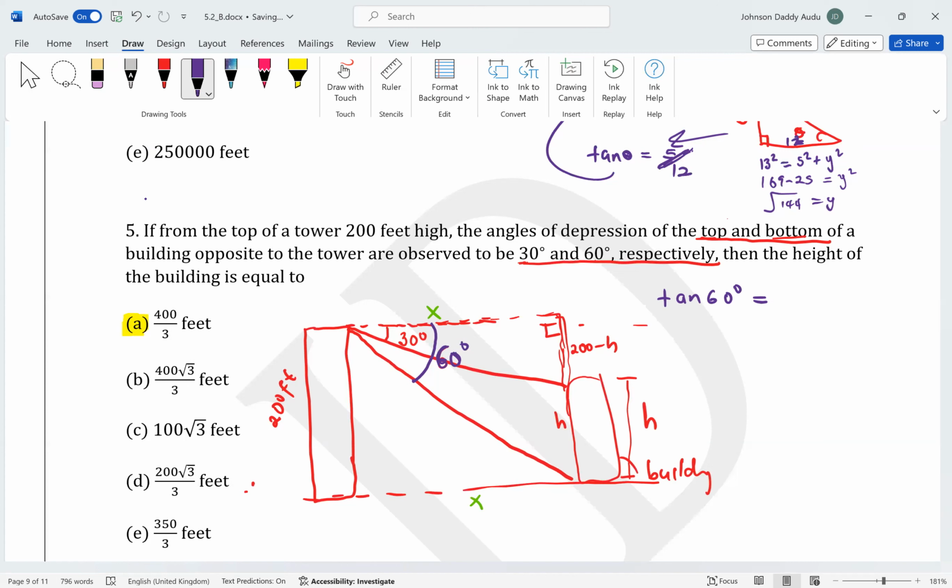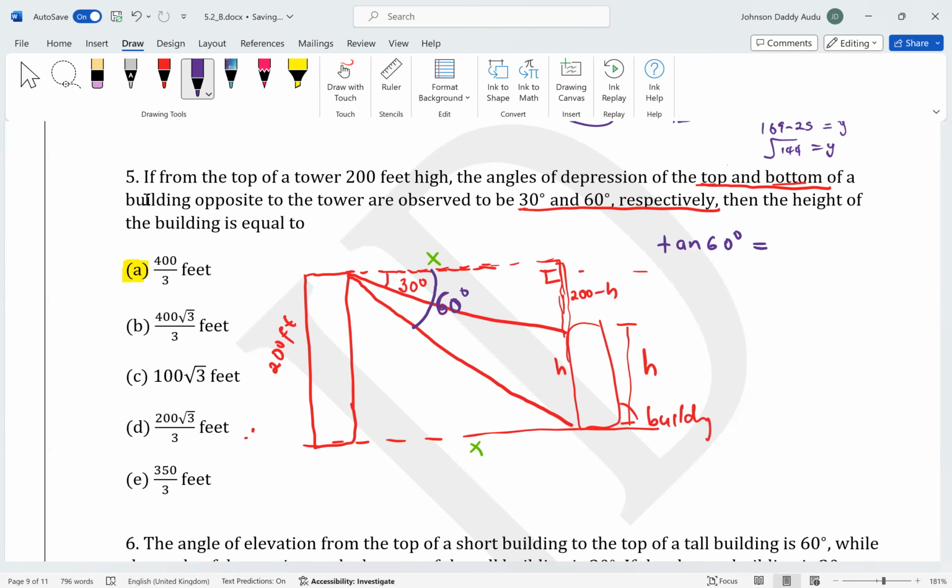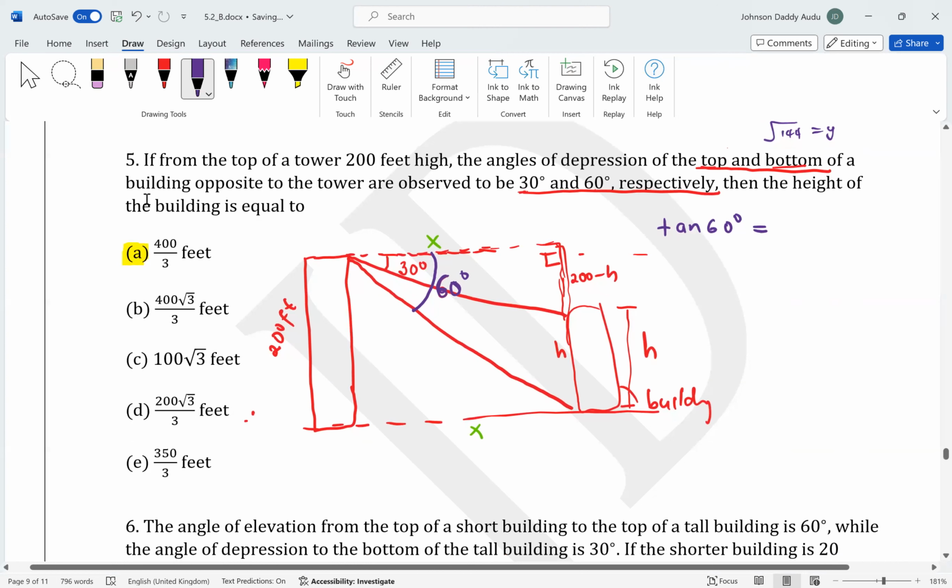So what can we do to get that position there? If we use tan 60, tan 60 will just give us H plus 200 minus H over x. So we can get what is x, right?